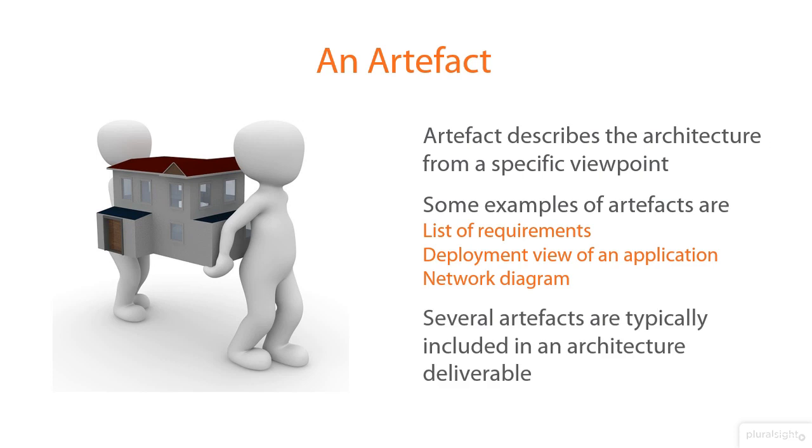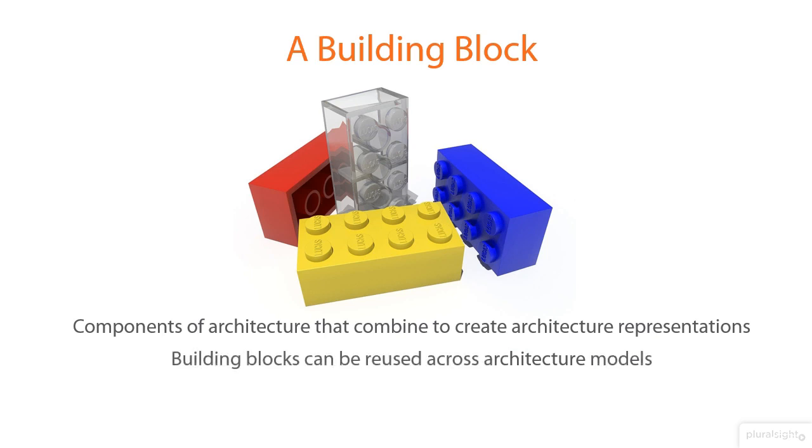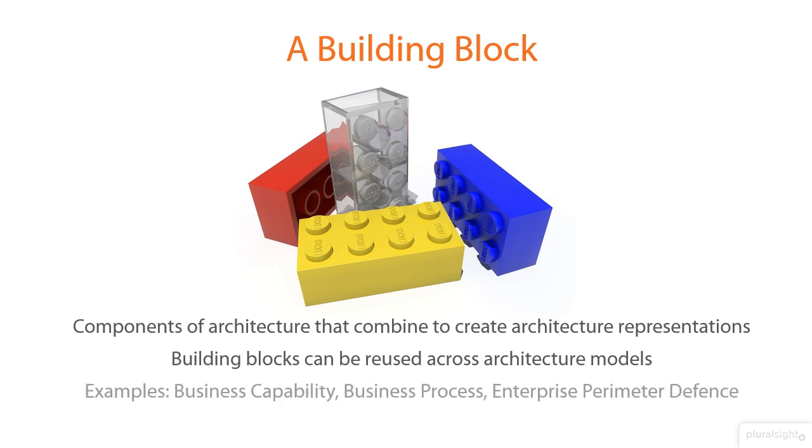A building block represents components of architecture that can be combined with others to create architecture representations, and hence there is potential for these to be reused in multiple architecture descriptions. This could, for example, be a business component, such as a capability or business process, or it could be an IT component, such as a combination of software and hardware that represents a component of enterprise perimeter defense, for example.